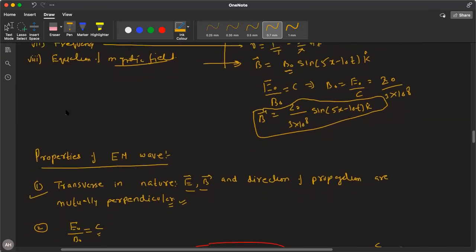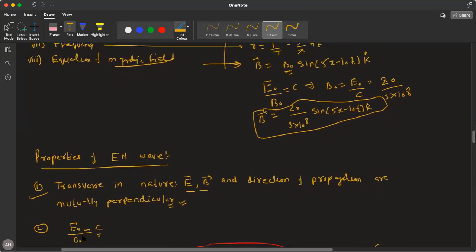The second property is if you take the ratio of electric and magnetic field, it will give you the speed of light. So the ratio of electric field and magnetic field is equal to the speed of light, and speed of light is 3 into 10 raised to the power 8 meter per second. That's the second property.